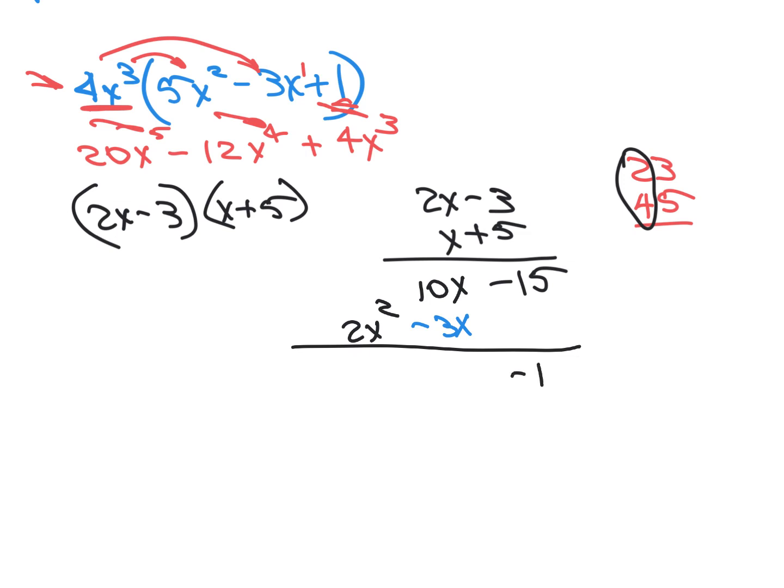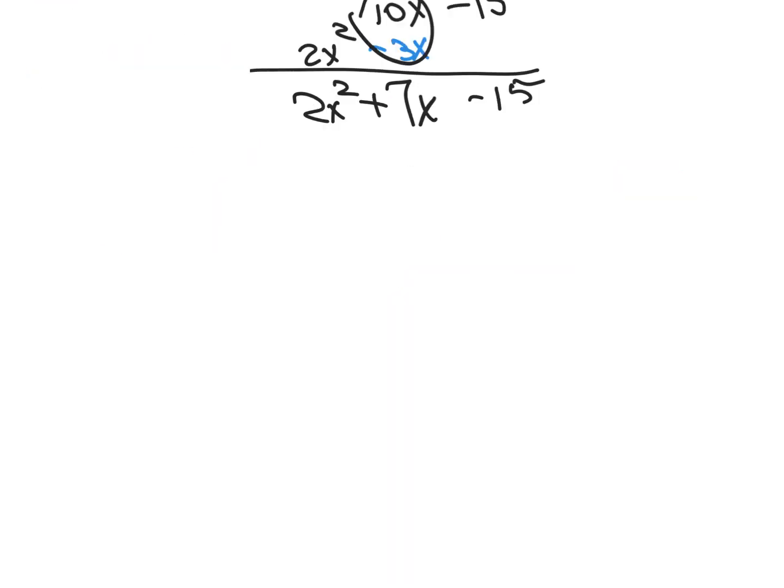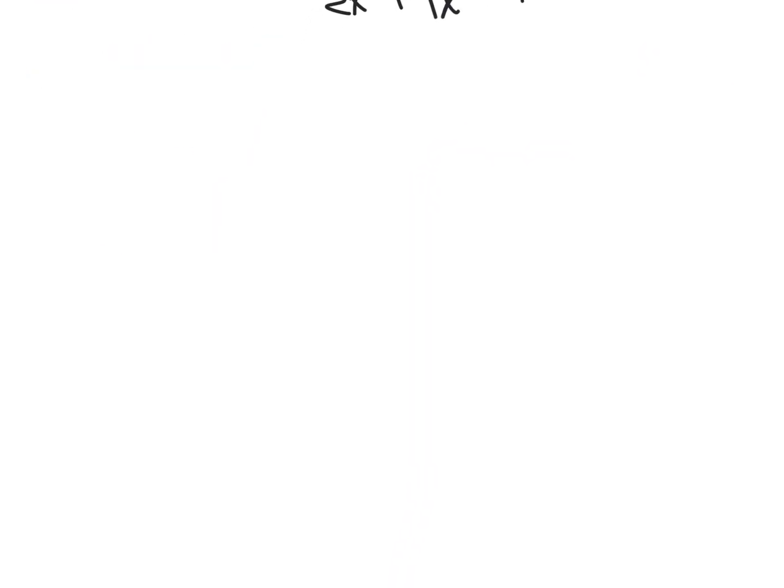Bring down our negative 15. Combine these. And bring this 2x squared down since there's nothing to add to that. And we get 2x squared plus 7x minus 15. Now that might be a new way of doing this to you, so I want to show you one more doing it that way, and then we'll go on to another method.